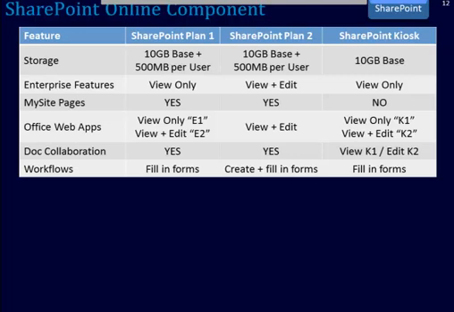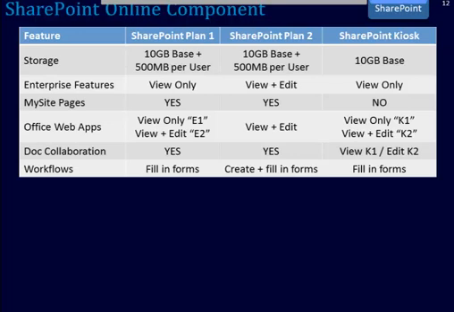You get My Site pages in Plan 1 and Plan 2. Office Web Apps, if you're using Office Web Apps, depending on what overall plan you get, you'll have either view or view and edit rights in SharePoint Plan 1, and you definitely get view and edit rights in SharePoint Plan 2, meaning you can both create content and consume content through Office Web Apps.